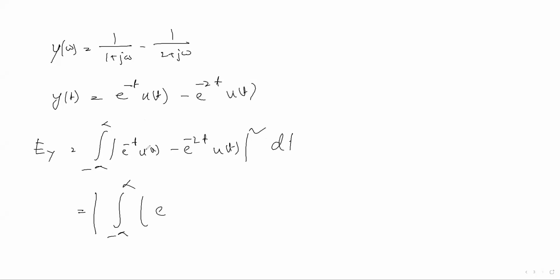So apply (a minus b) squared. The square of the first gives e to the power minus 2t u(t), plus the square of the second, b squared, is e to the power minus 4t u(t). And there is a minus sign, so minus 2ab, which means e to the power minus 3t u(t), dt.